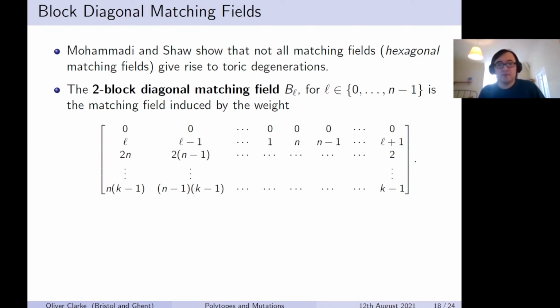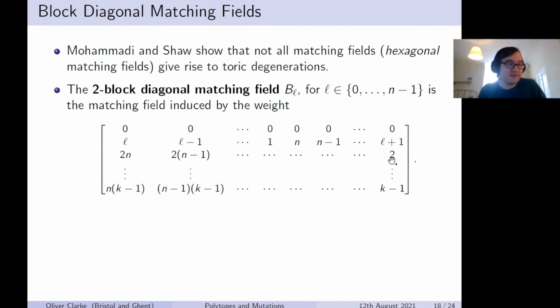These are so-called block diagonal matching fields. So I'm going to write down what are called the 2-block diagonal matching fields, and they're induced by this weight vector here. The most important part is what's happening in the second row. You can see that if L is equal to 0, then you just get a sequence of decreasing numbers, and as L increases, you have two parts of decreasing numbers.